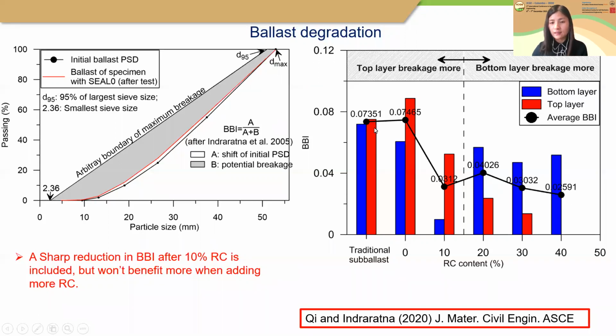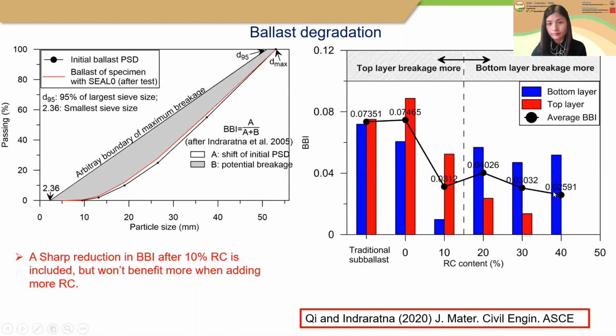As you can see, the track with seal having 0% rubber has the same BBI as the traditional specimen. And after we add 10% rubber, there is a significant drop. If we add more rubber, there is no significant benefit.